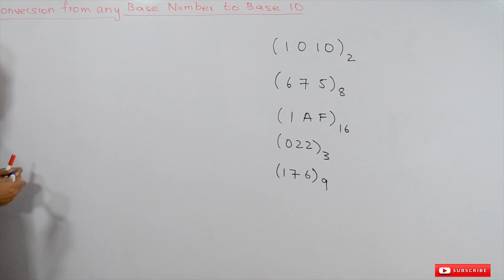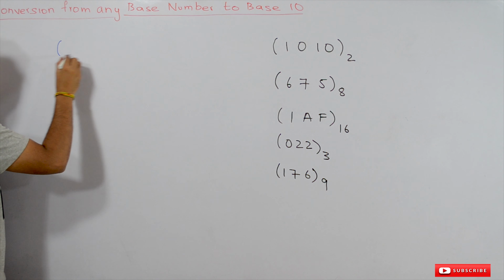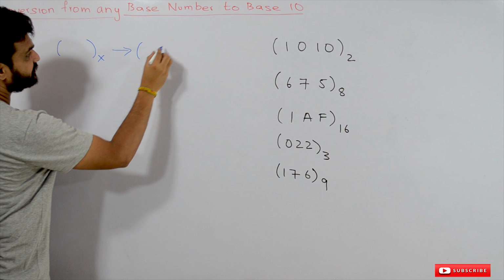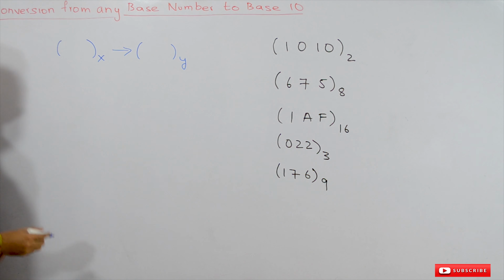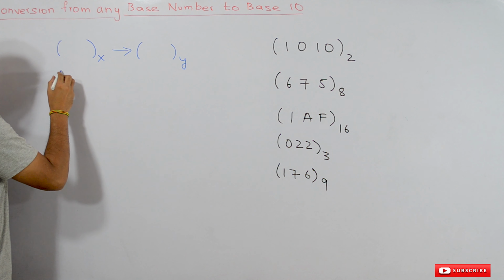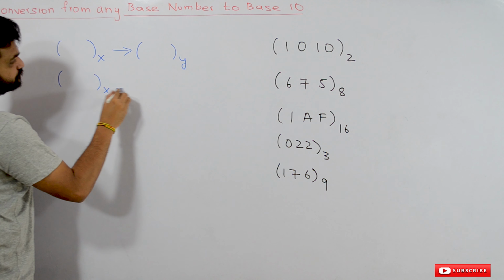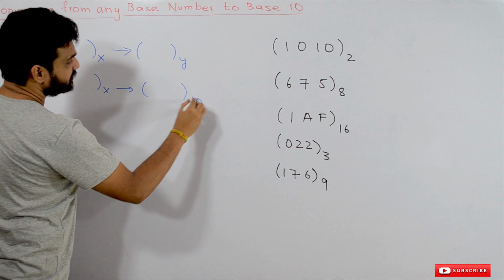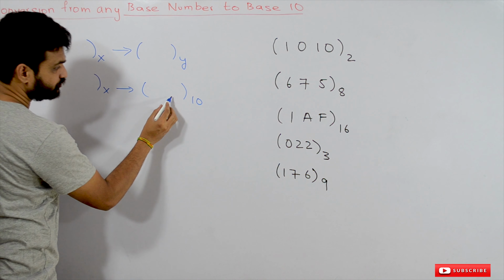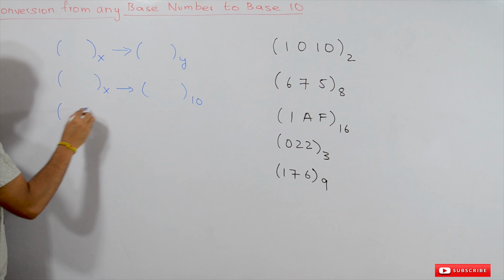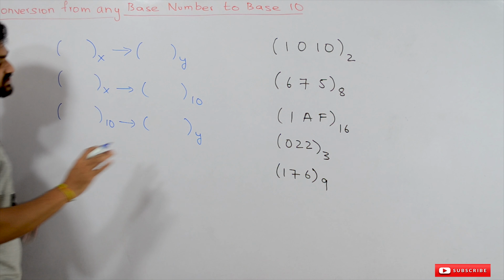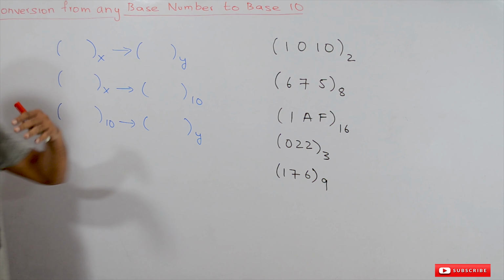So in order to do that, for example, if you are given a number in base x and you would like to convert it into base y, what we have to do is convert the number in base x to base 10, and this base 10 number has to be converted into base y. So this is the procedure that we have to follow given any number system.